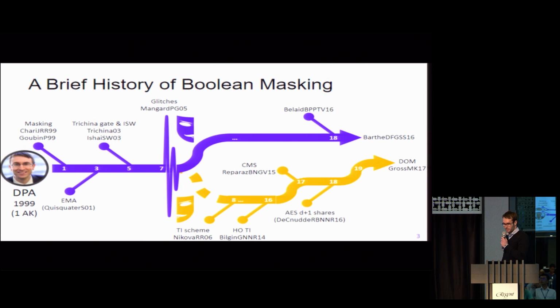I want to start my actual talk with a brief overview of the history of masking. And as most works on side channel protection, I will start with the paper of Kocher et al. around 1999.